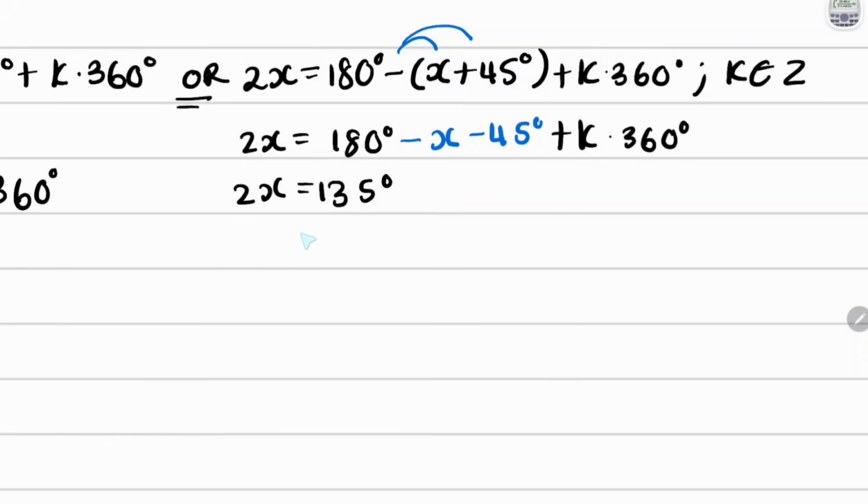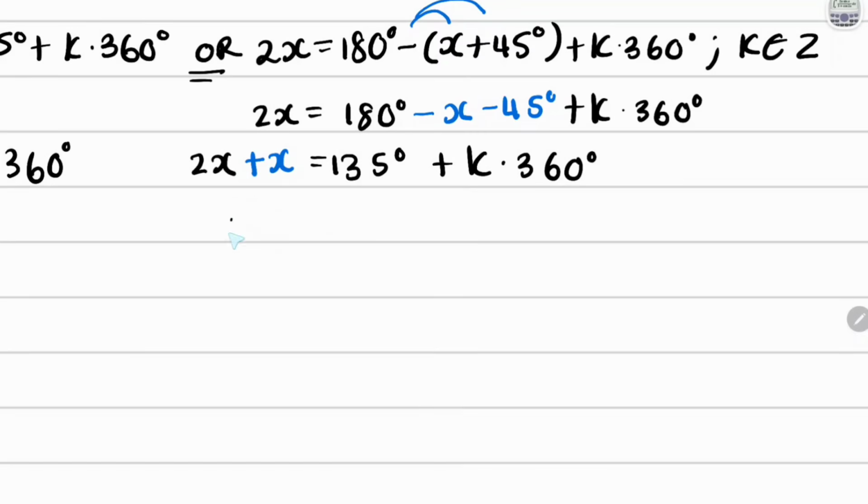And you still have that minus x, which we can take over. So we still have the 2x here, and taking the negative x over, it becomes a positive x. And then we have plus k of 360 degrees. Then that becomes 3x is equal to 135 degrees plus k of 360 degrees.